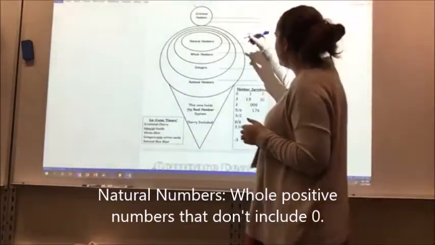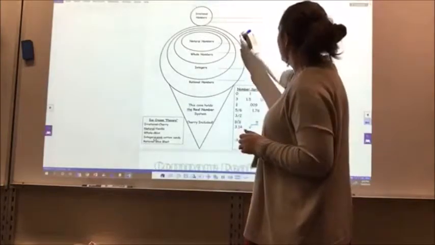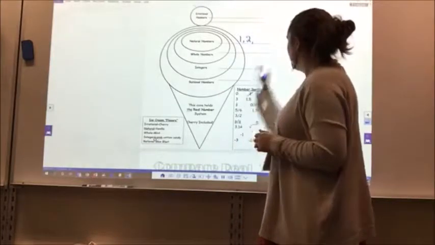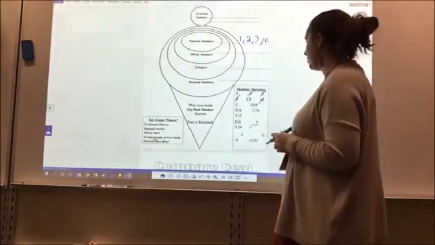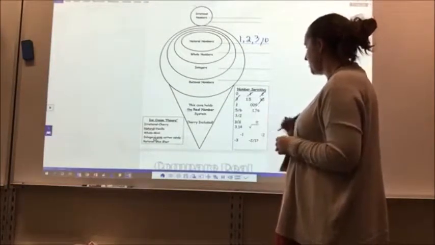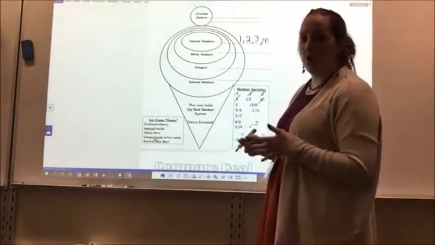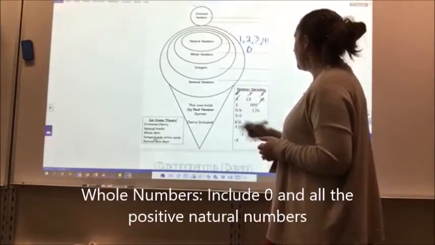So 1's a natural number. 2's a natural number. 3, 10, natural numbers. That's all, okay? Whole numbers include 0 and then all of my natural numbers. So 0 is a whole number, okay?